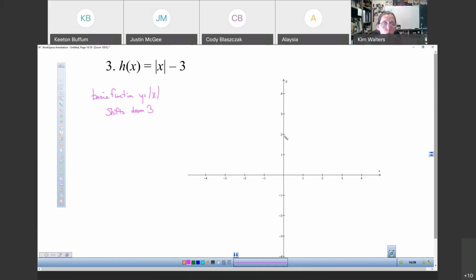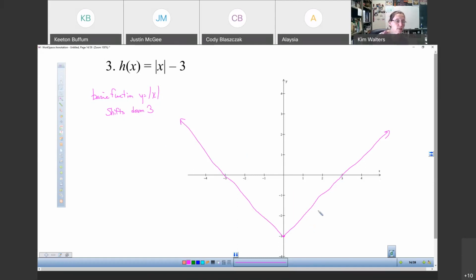So rather than turning here, absolute value of x turns at 0, 0, but now it's going to turn here at 0, -3. And then it's going to go like this, and like this, and there's my graph.